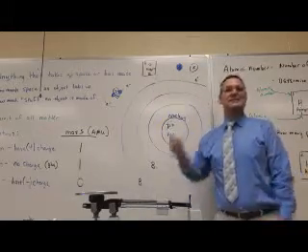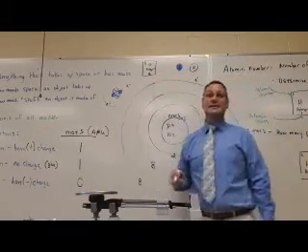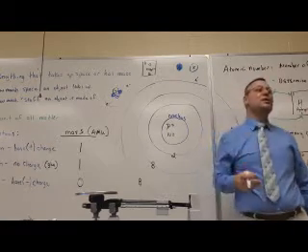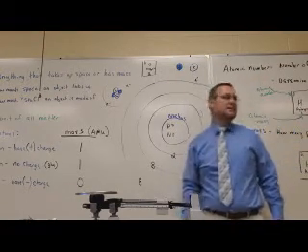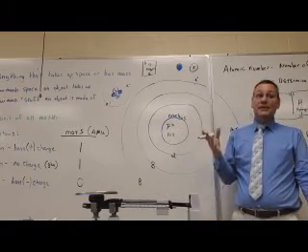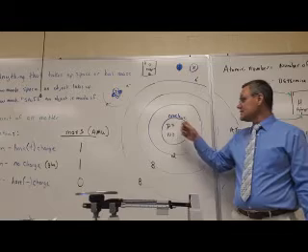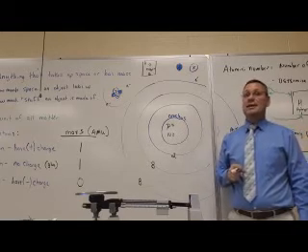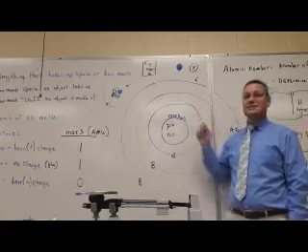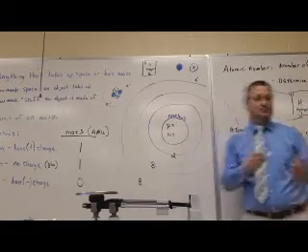It's 15.99, but it rounds to 16. Okay? It shouldn't take you very long. All you have to do is tell me how many protons that atom has, how many neutrons that atom has, and draw the electrons where they would go on the shells.